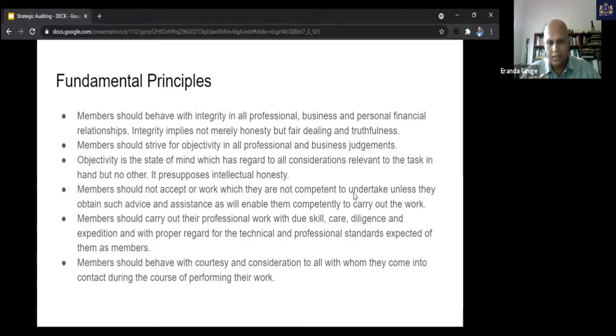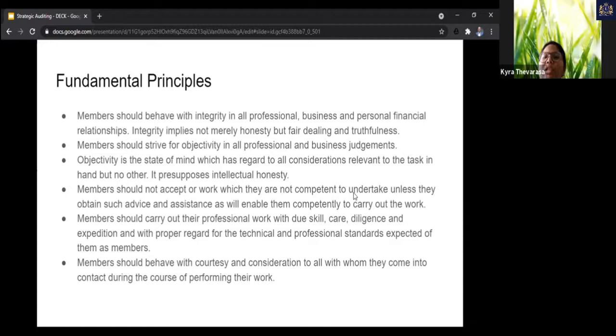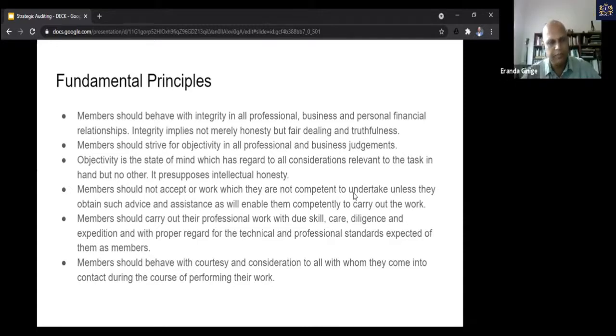And there are instances where audit firms have been taken to court for losses that were made because of the auditor's opinion, not because of the fraud, but because of the auditor's failure to identify the fraud. I see. And that could be an issue for auditors, right?